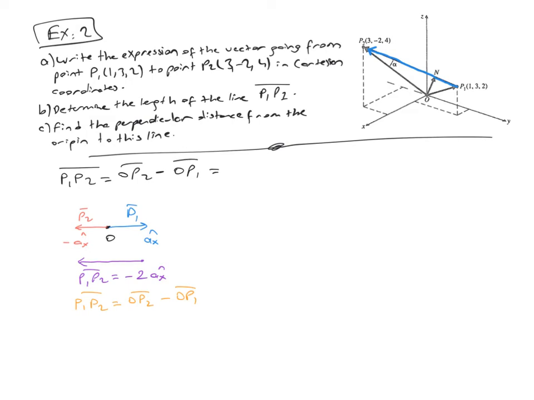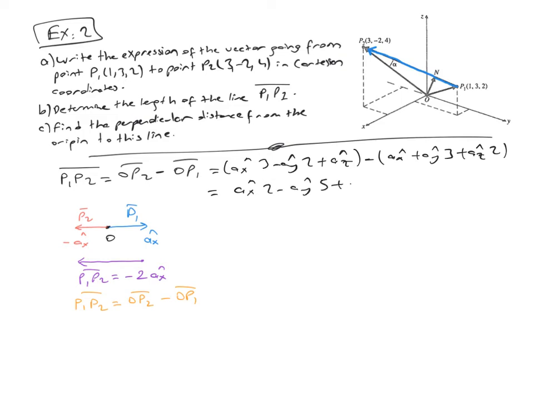Vector OP2 is equal to... and vector OP1 is equal to... and the result is... and this result belongs to vector P1P2. This is part A.